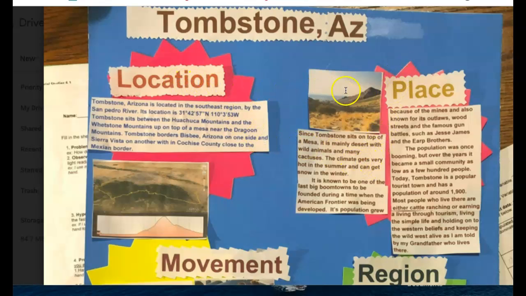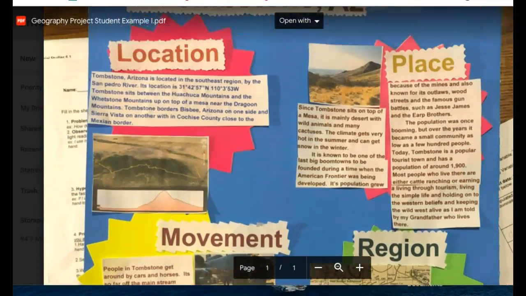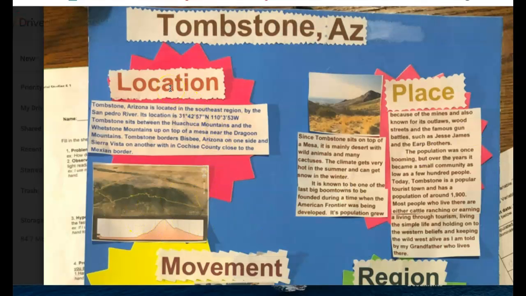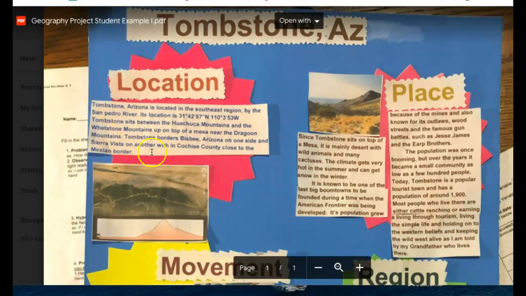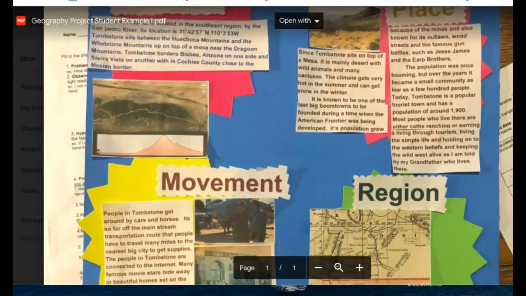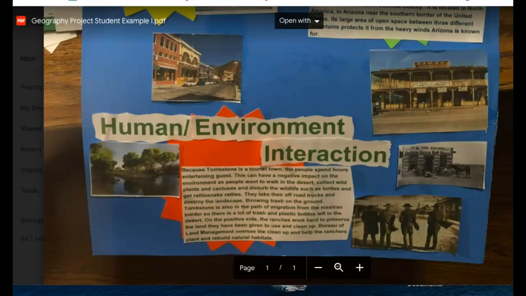So here's location, place, movement, region, and of course human environment interaction is at the bottom. Each one of them has a picture. They are labeled, and then he just decided to do it this way, where he cut out the paragraphs that he wrote about each of the themes. So I wanted to give you an overview of that really quickly to show you how it could turn out.